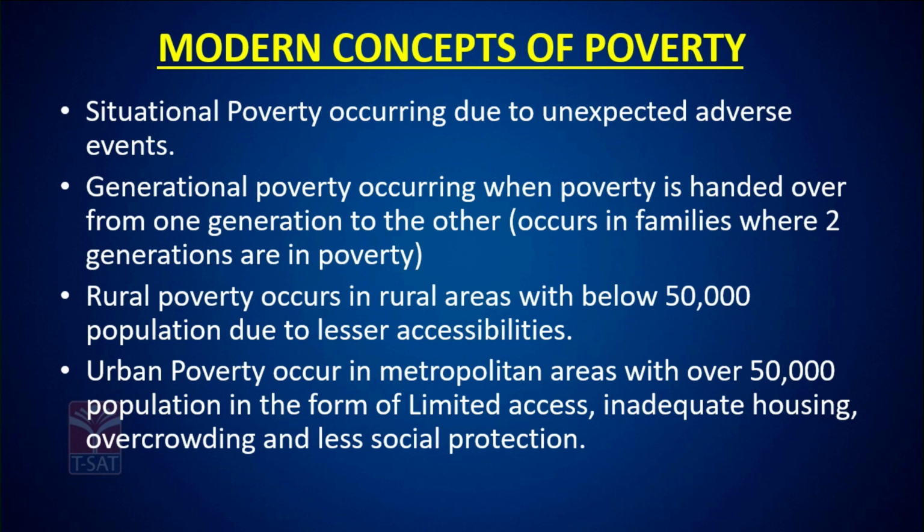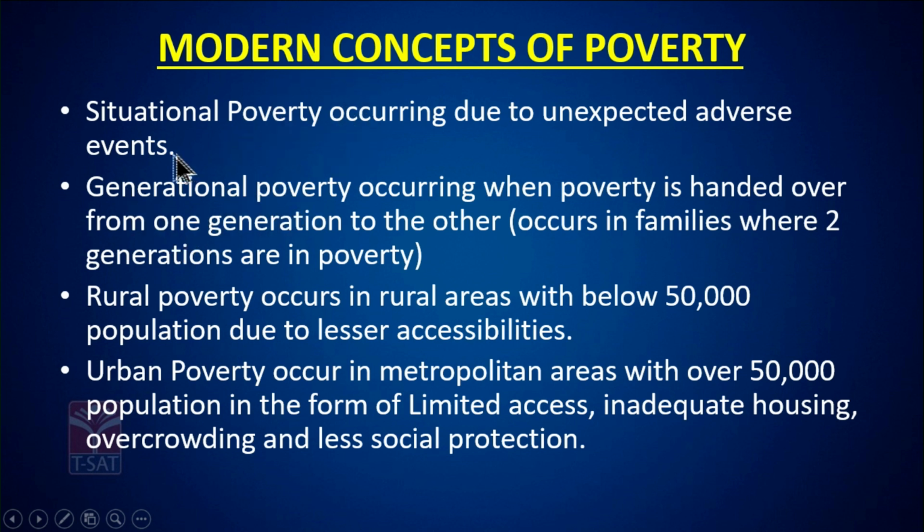So once this intellectual grilling has taken place, a need has arrived to evolve modern concepts of poverty. Situational poverty occurring due to unexpected adverse events can be one type of modern concept of poverty.